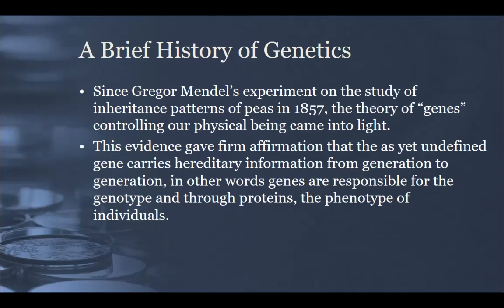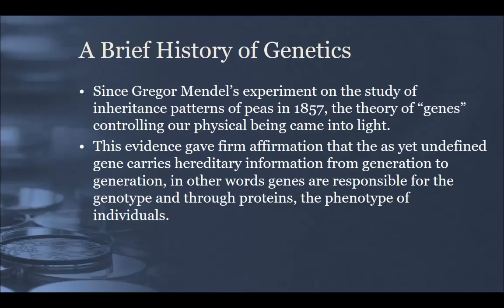This has been an ongoing process ever since Gregor Mendel's original experiments on the inheritance of pea plants in 1857. The theory of genes controlling our physical being first came to light. This evidence gave firm affirmation to the as yet undefined gene that carries hereditary information from generation to generation.